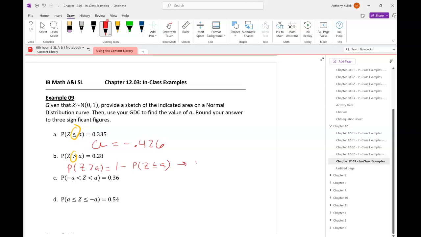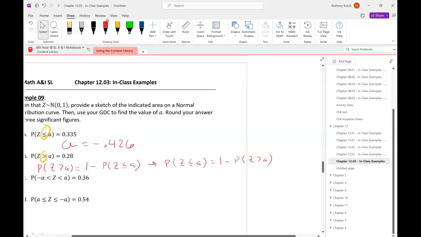So if I do a little bit of algebra, I can subtract 1 from both sides and then divide by negative 1. And that number is 0.28.